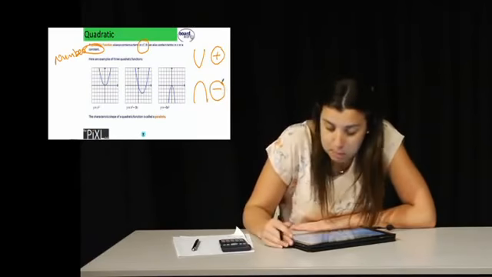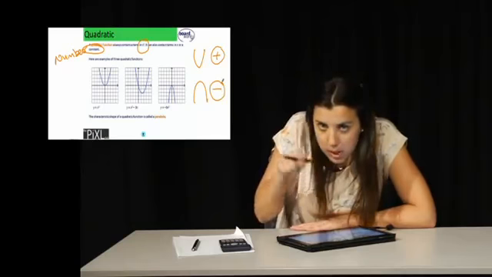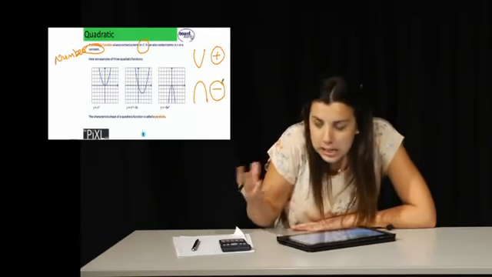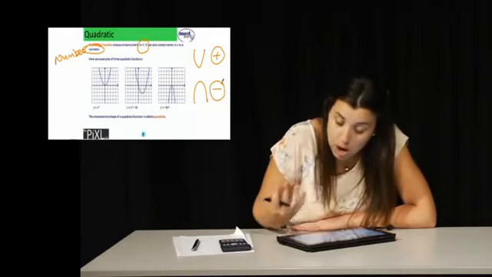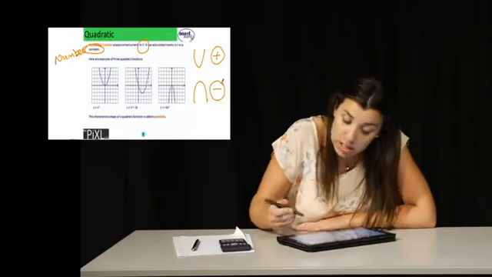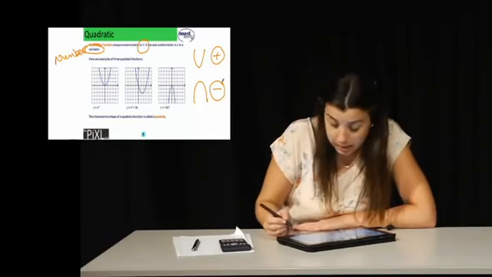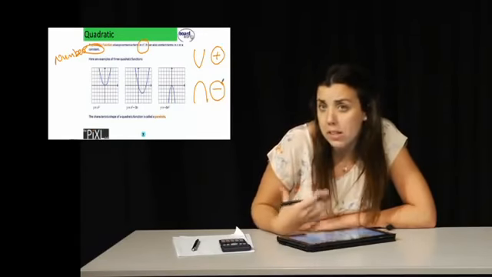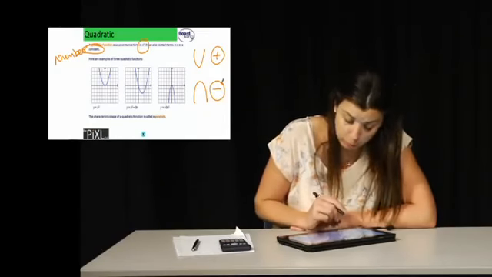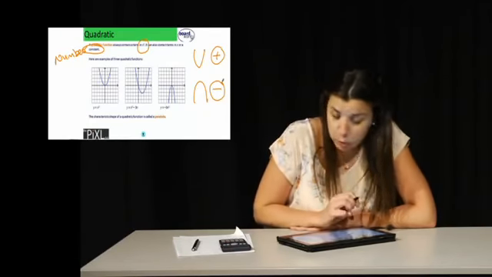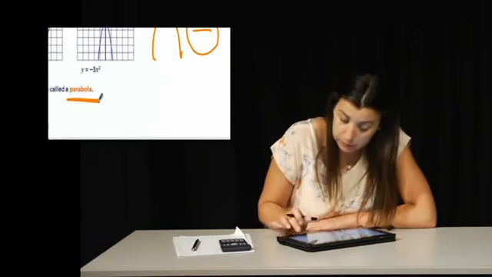And some people remember it by saying if you're positive and happy, you're going to be smiling, so it's going to be this way. And if you're sad and negative, you're going to be unhappy, so it's going to be a smile in the opposite direction. But really, it's a U shape for positive and an N shape for negative. And when you plot them, that's the functions you're going to get. Again, it says there, the word I mentioned before, the characteristic shape of a quadratic is a parabola, and that's the word there, spelt.